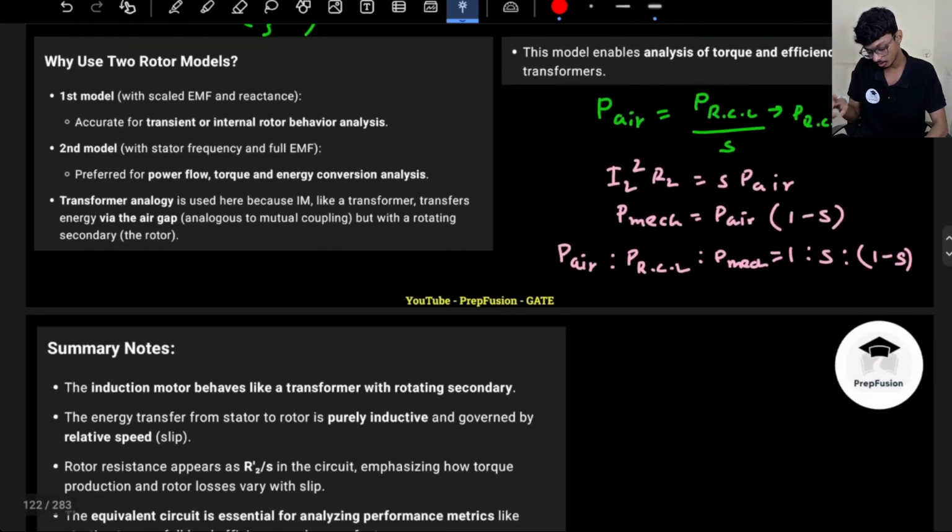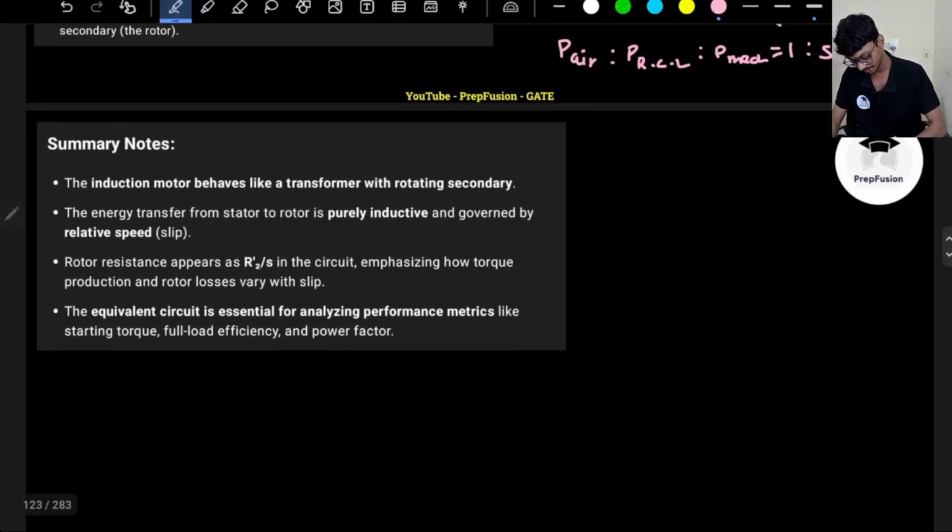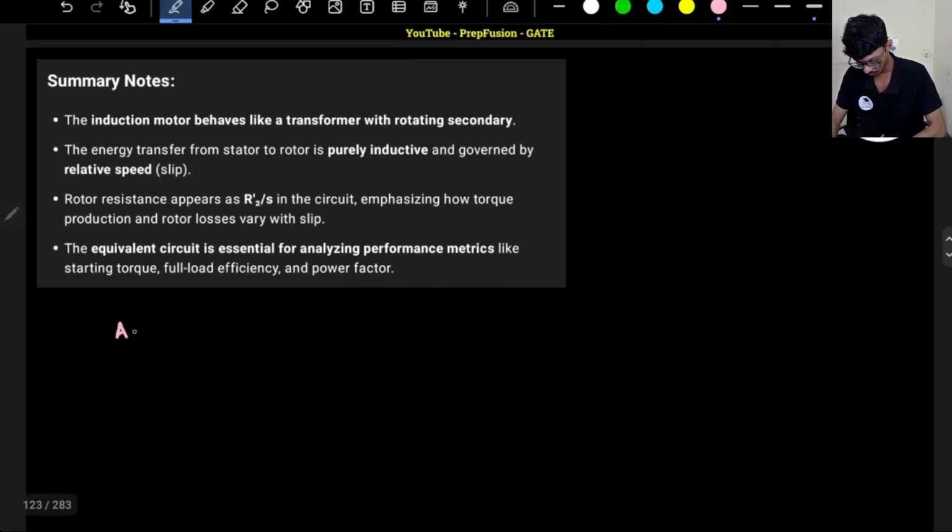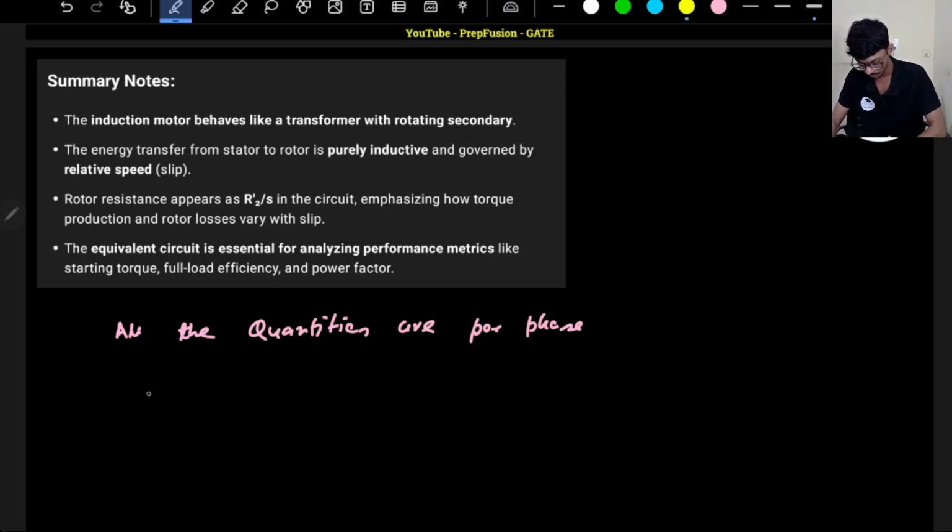Please remember, all the quantities are per phase. So if I want to find out the three phase power, what will I do?